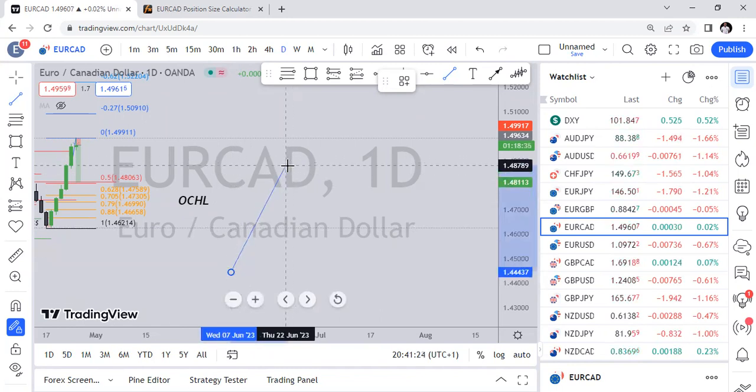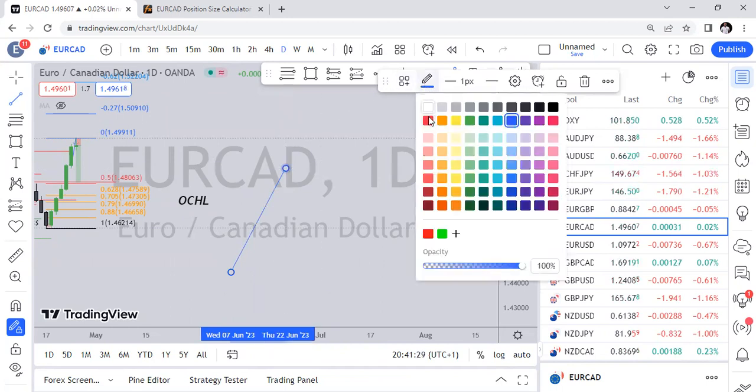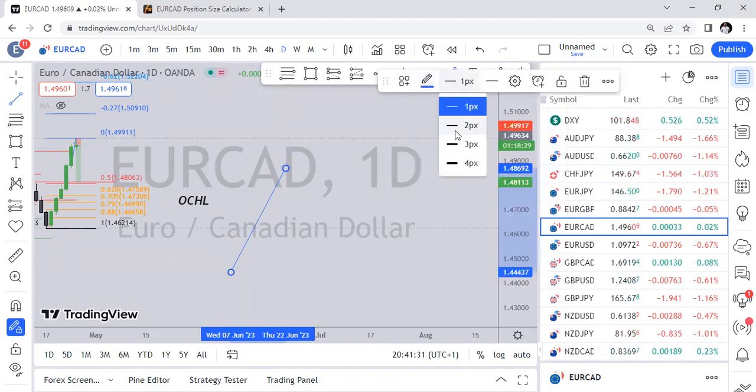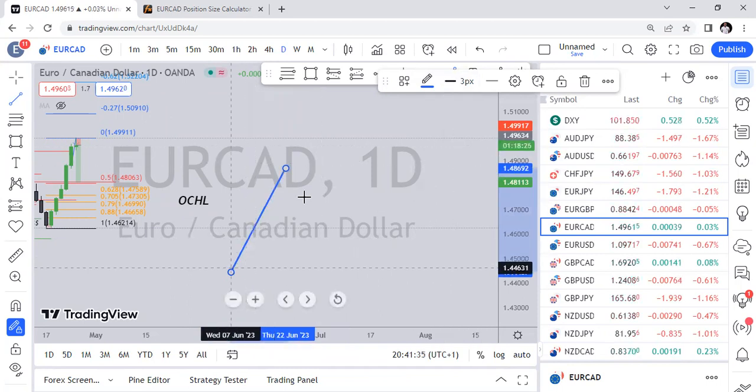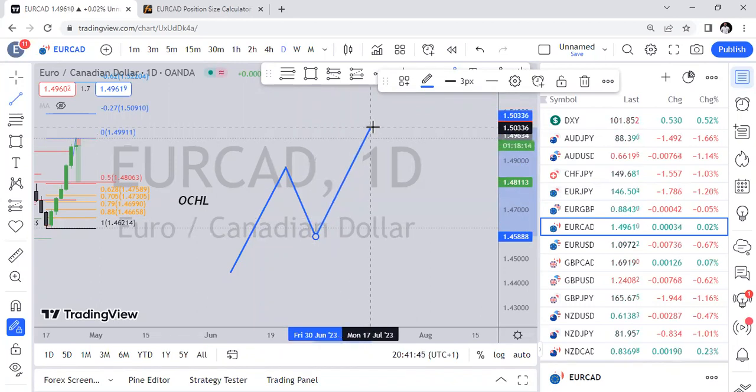The market moves in pulse. We have an impulse, then we have a pullback or a correction, and then we have a continuation.